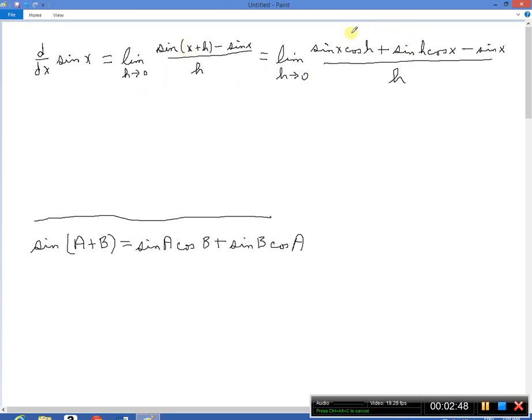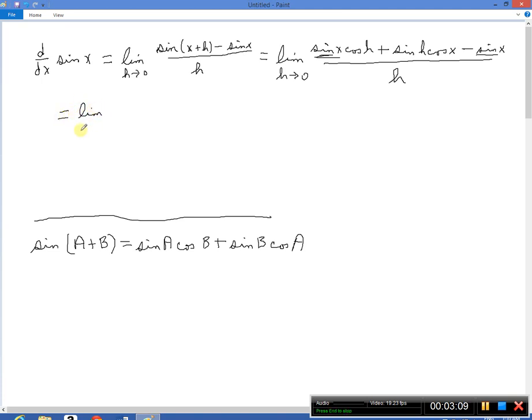Alright, now the question is, what do we do with this? Because it's just the same as what we started with, and we still have a 0 over 0 situation here. So we'd like to factor something, but there isn't anything that factors out of the whole thing. But you'll notice that there's something that factors out of at least two of the terms. So I'm going to try that and see what happens.